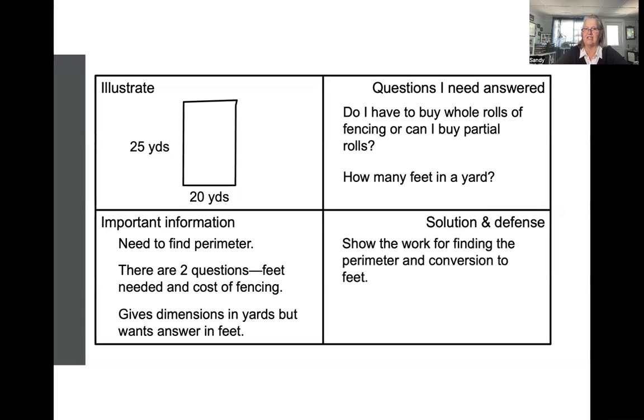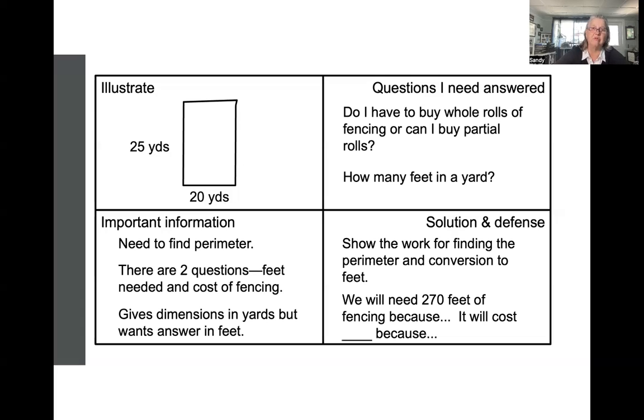And then it's the defense. Okay, so I'm showing the work, and then the defense can be something like, we will need 270 feet of fencing because, and I tell them how I know it's 270 feet. And then it's going to cost whatever 6 times 114 is, right? 684, is it?